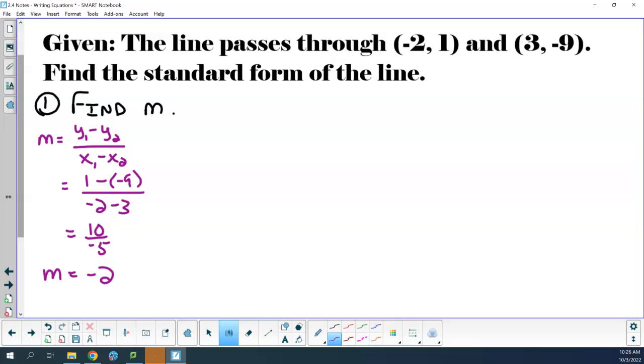Then what you do is utilize either one of those points.